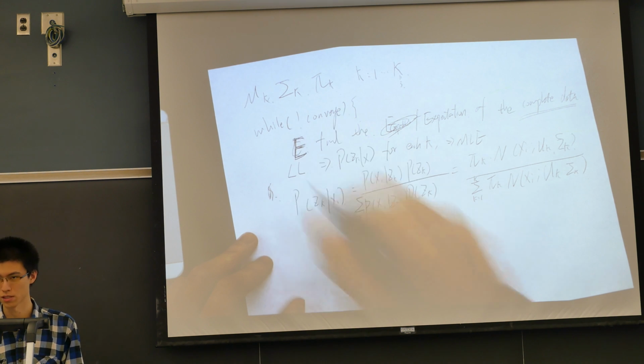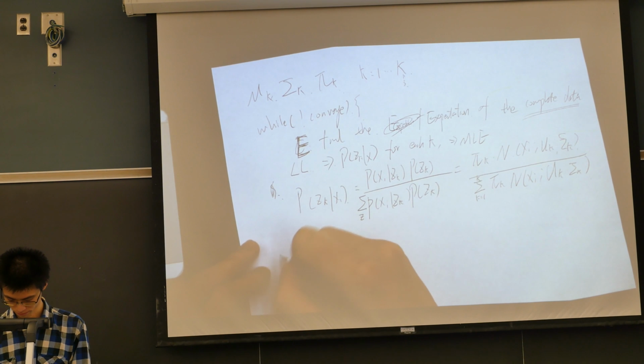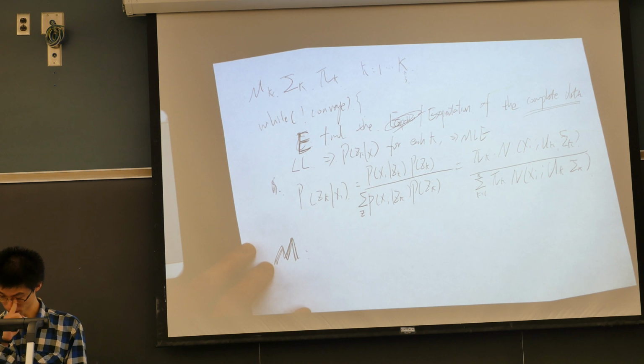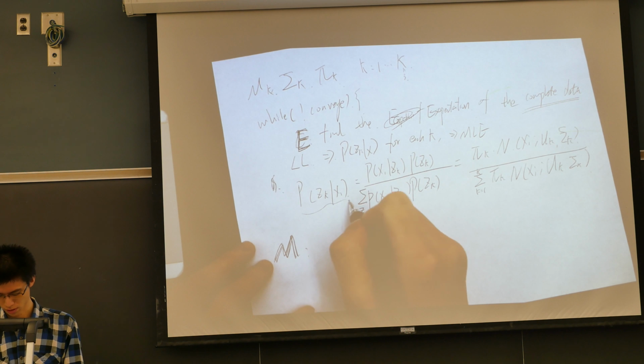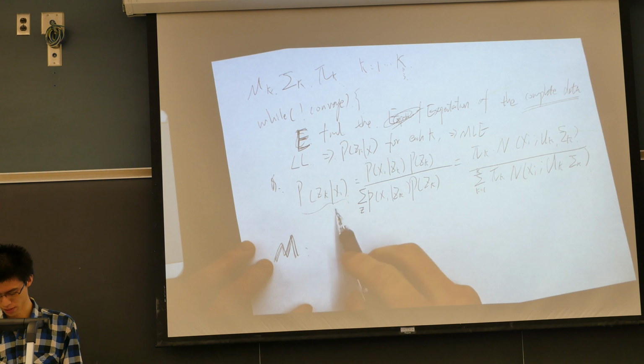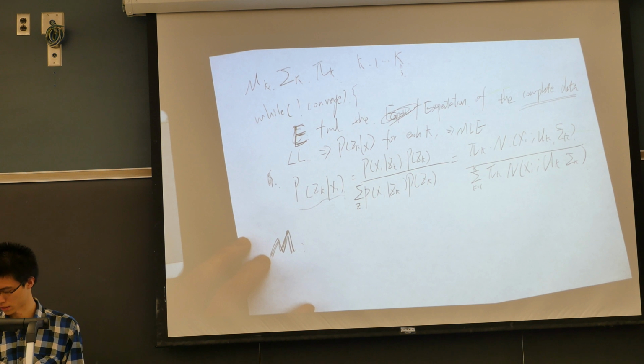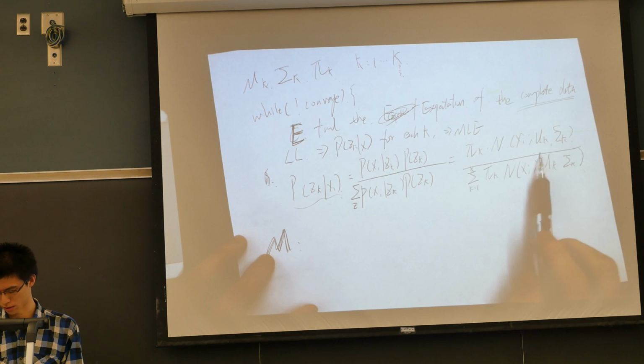So there goes the E step. And then the M step is actually more straightforward. It's just using the P of Z given X, the little Q of Z, essentially to estimate the mu k and the sigma k.